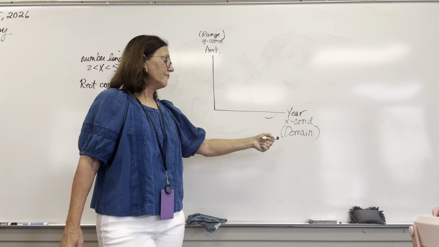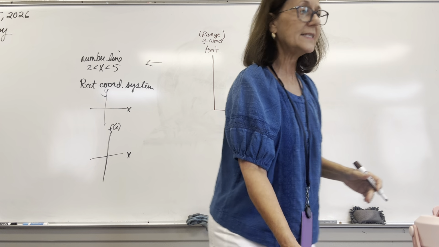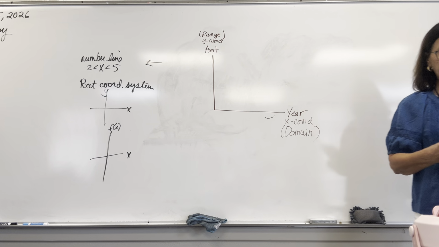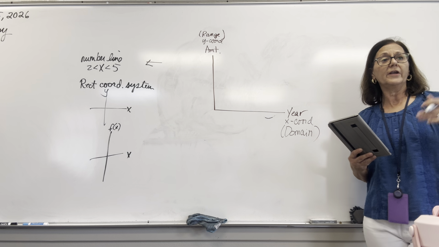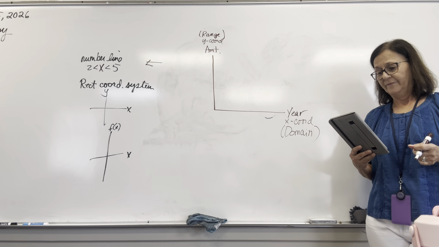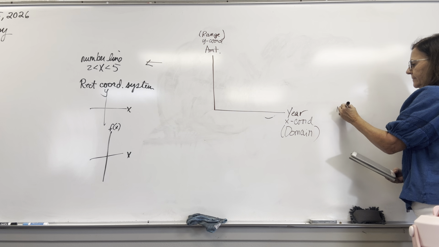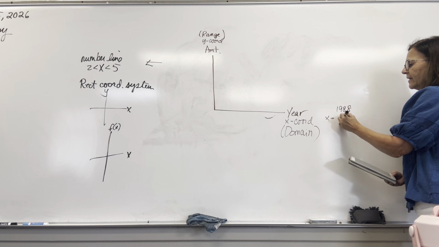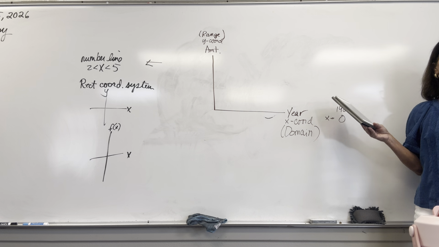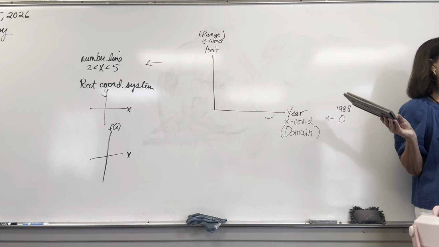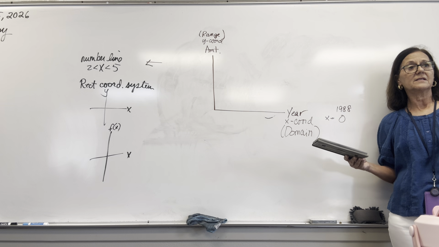Now when we graph with years, we decide the first year, 1988, is going to be either year 0 or year 1. I'm going to make 1988 the value. I'm going to give it a value of 0 for X. You're not going to put 1,988 in your calculator for X. You're going to decide the first year represents 0.